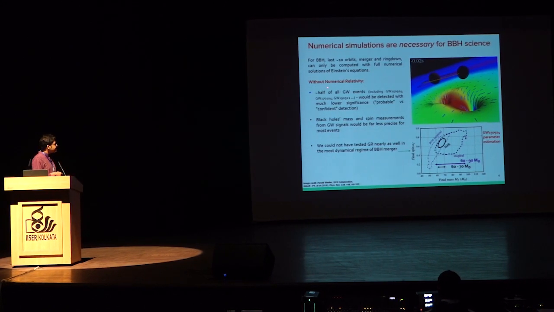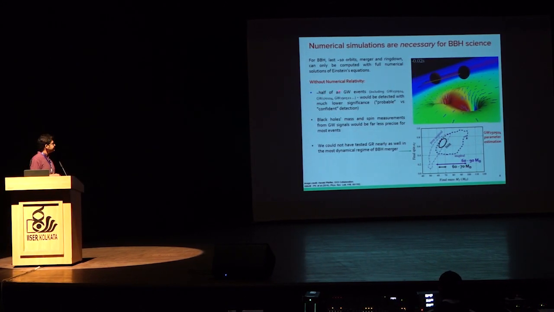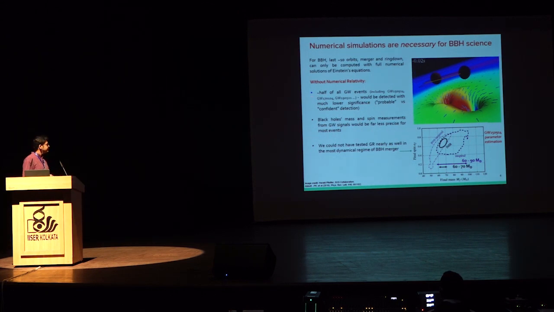In fact, without using results from numerical relativity, more than half of all the events that have been seen in the spectrum would have been detected with much lesser significance, and certainly their masses and spins and all other interesting astrophysical properties would not have been measured with nearly as much accuracy as they have been so far. In fact, we would not be able to test GR in the really strong field regime just as well or nearly as well as we have.